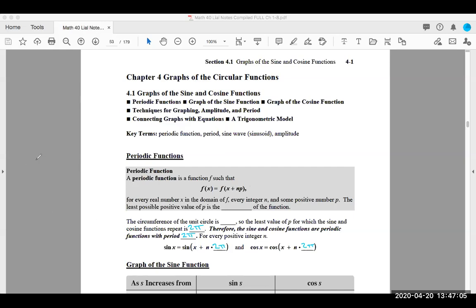Just a quick little example of what's being said. We'll just look at the sine one.